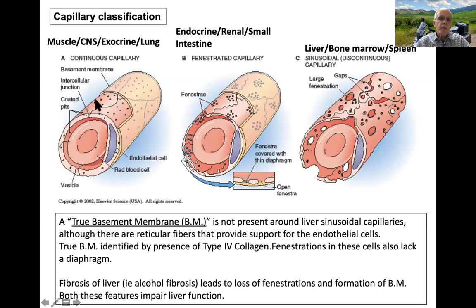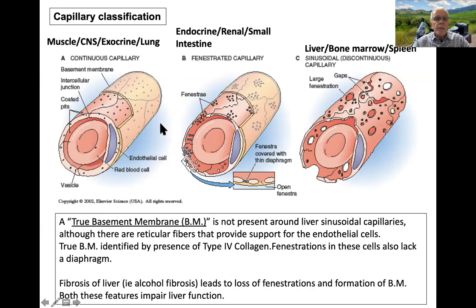This over here is part of a cell. This is the intercellular junction, inter meaning between. So between the two cells, they're completely anchored all along their margins. So materials can't leak through the tubes unless they're small and lipophilic, and they can't leak in between the various endothelial cells. So they call them continuous type capillaries.